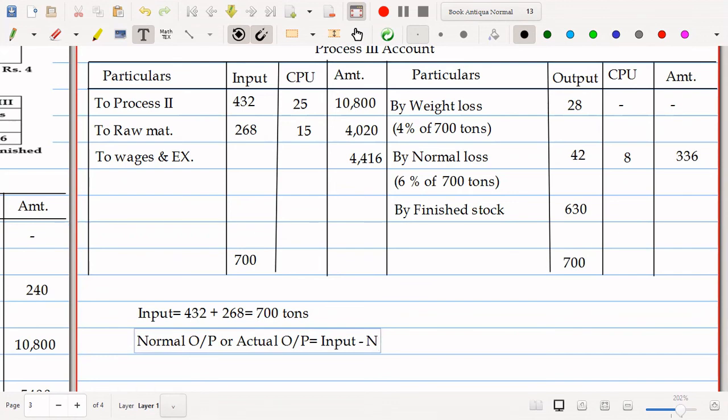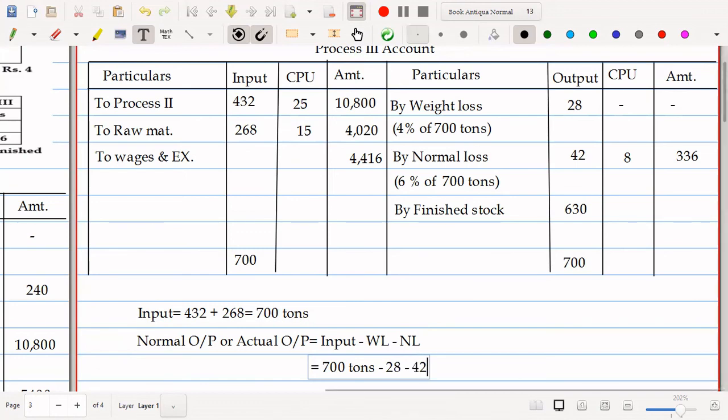Input minus weight loss minus normal loss. What was the input? Input was 700 tons minus weight loss of 28 minus normal loss of 42 tons.